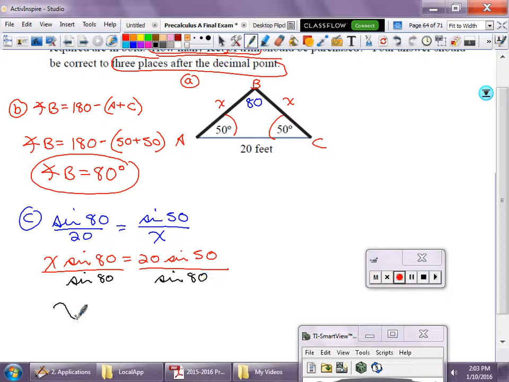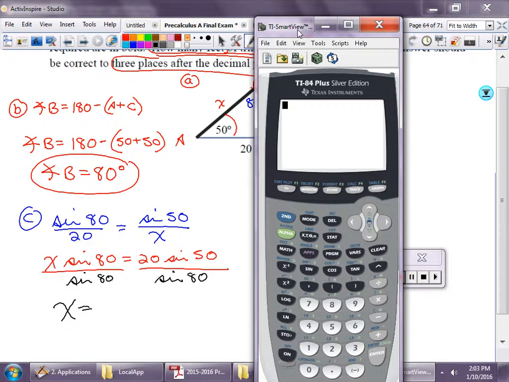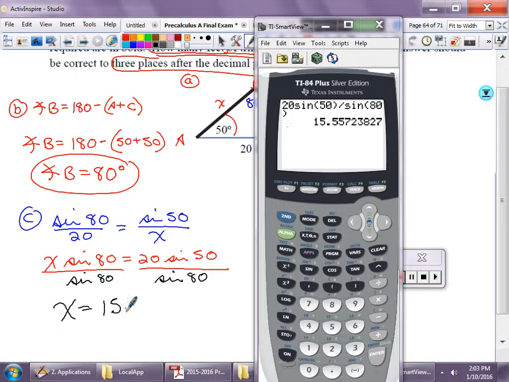And x equals whatever the calculator says, which is 20 sine 50, close the parentheses, divided by sine 80, close the parentheses, 15.557.